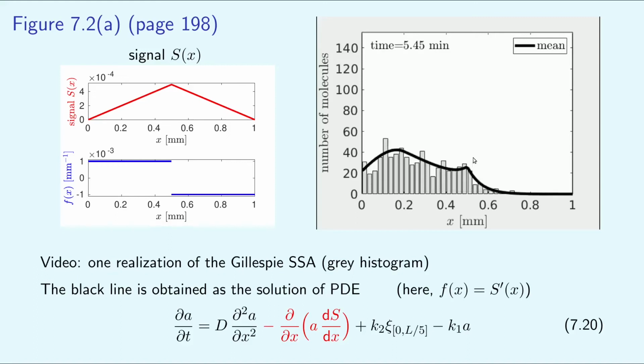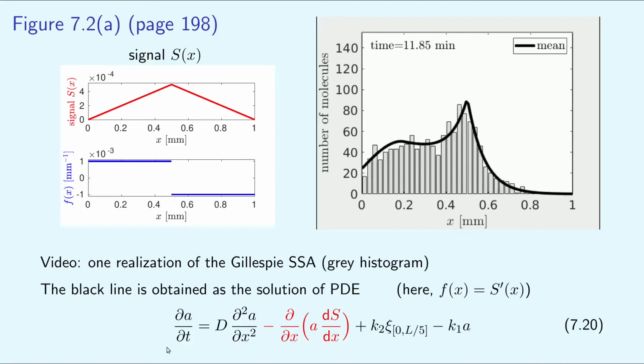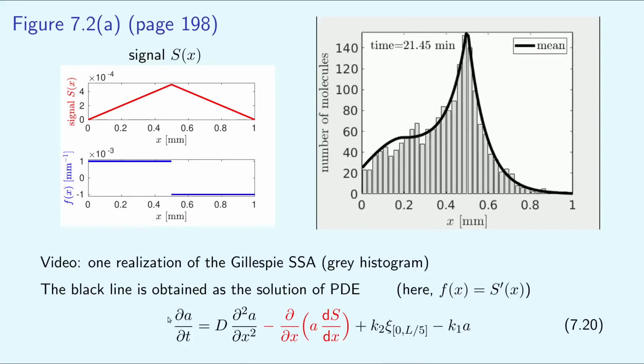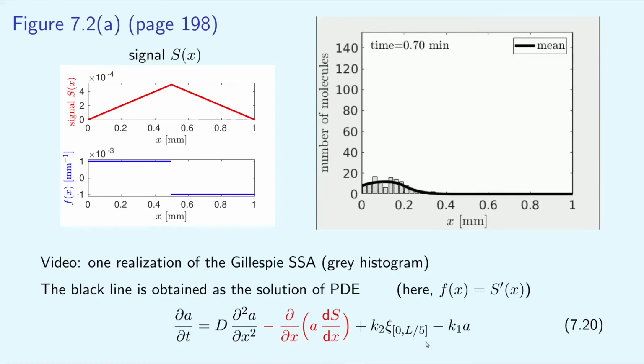The black line is obtained as the solution of the deterministic partial differential equation model, which also provides a description of the average behavior of the stochastic model. The black terms of this partial differential equation have already appeared in chapter 6. The red term is the new one describing the drift term.